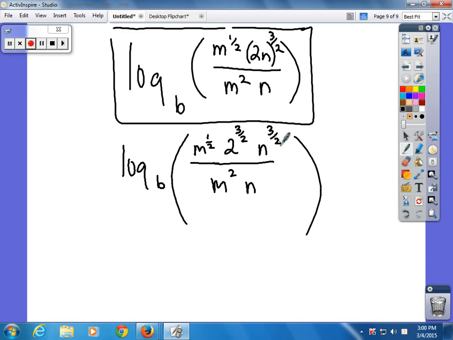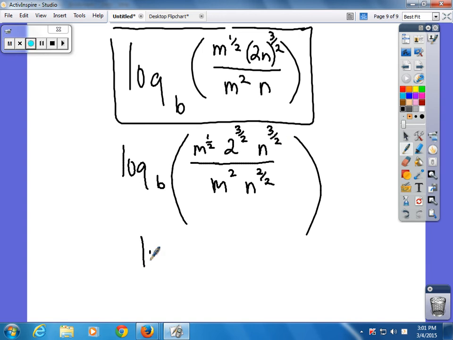Now, I want to keep my variables positive, right? So I'm going to take this down here, and that's going to become a negative 1/2. I'm going to take this one up here, and that's going to be 2 halves. Why is it 2 halves? Because it has an exponent of 1, and I'm changing it to a common denominator.